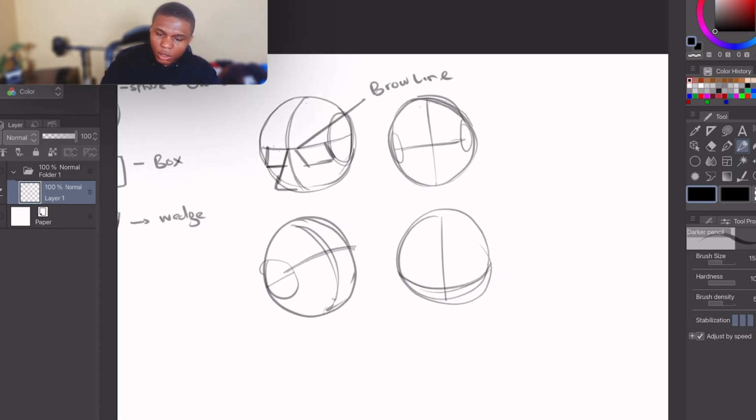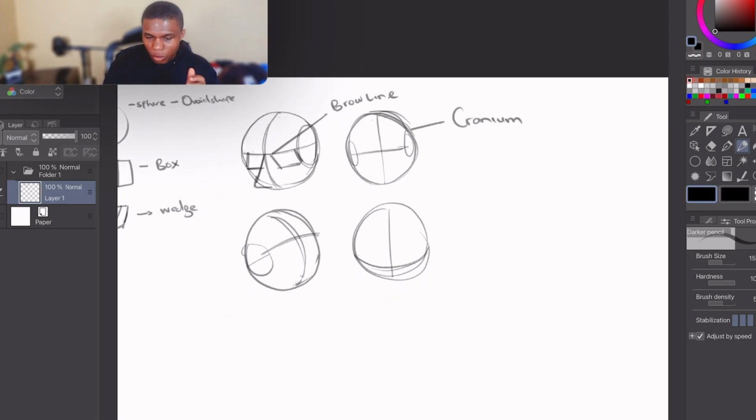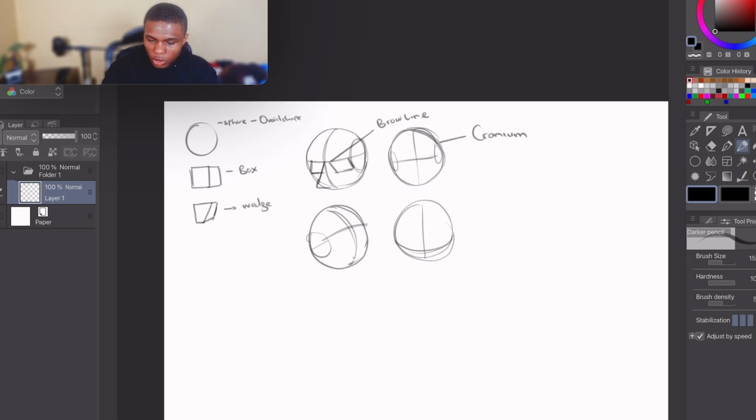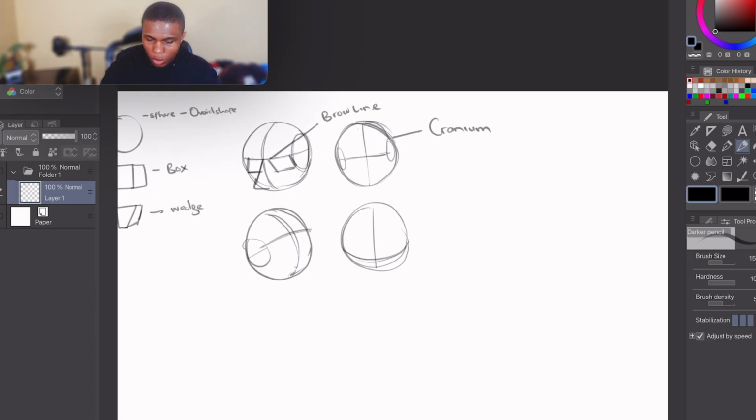So this ball over here is representing our cranium, and where our hairline is going to be and whatnot. So this is the first shape. Practicing this in different angles is going to be very helpful, because it's going to help you place where the head is going to be.